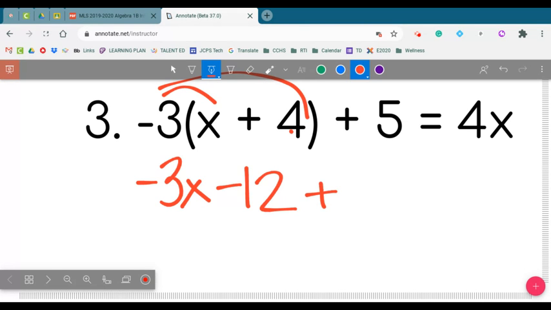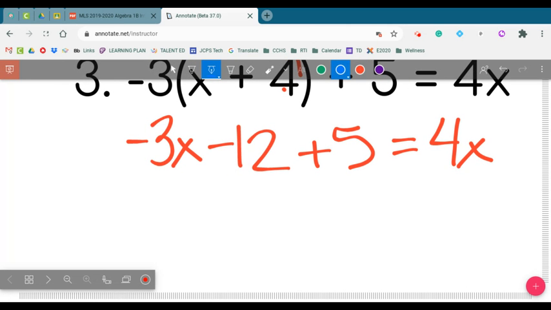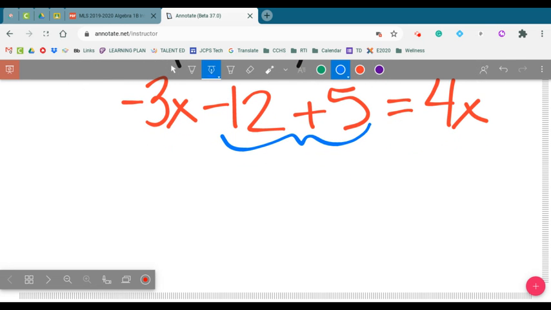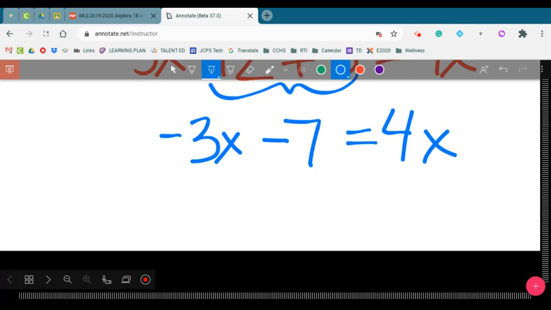Bring down my plus 5 equals 4x. Now my next step, can I combine like terms? Well, I have a negative 12 and a positive 5 that are on the same side, so I can combine them. That is going to give me negative 7 equals 4x.